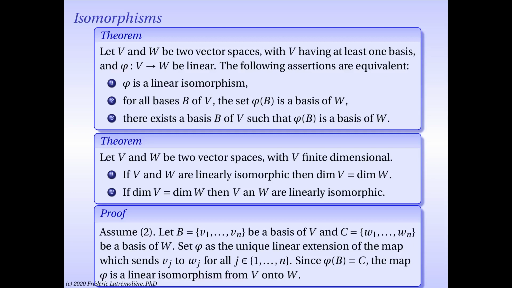So in other words, phi is the unique linear map such that phi of V1 is W1, phi of V2 is W2, etc. I can do that. We know that given that V1 to Vn is a basis for my vector space V, I can define such a linear map, and it's in fact unique. But then by construction, it maps a basis to a basis, and therefore, again, using our theorem, it must be a linear isomorphism from V onto W. And my theorem is shown.